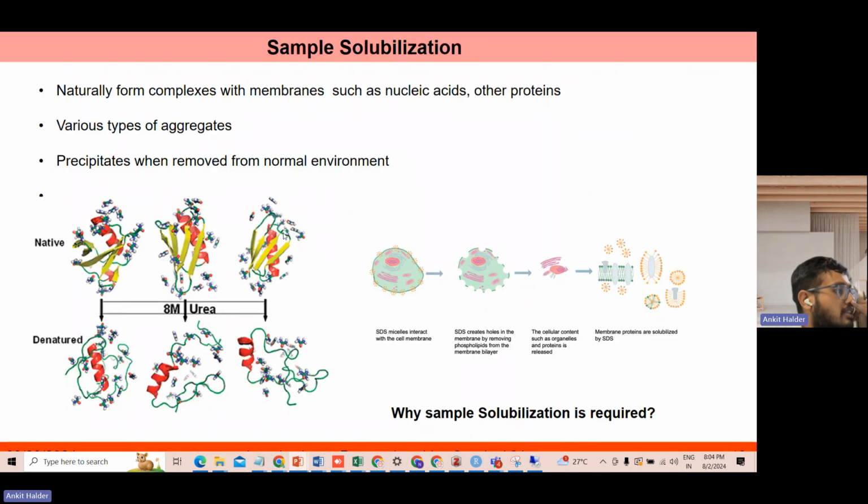Here you can see the native state, and when we give it molar urea, it gets denatured.